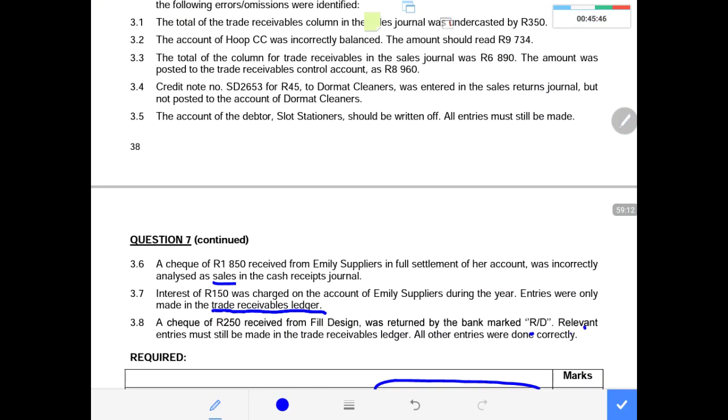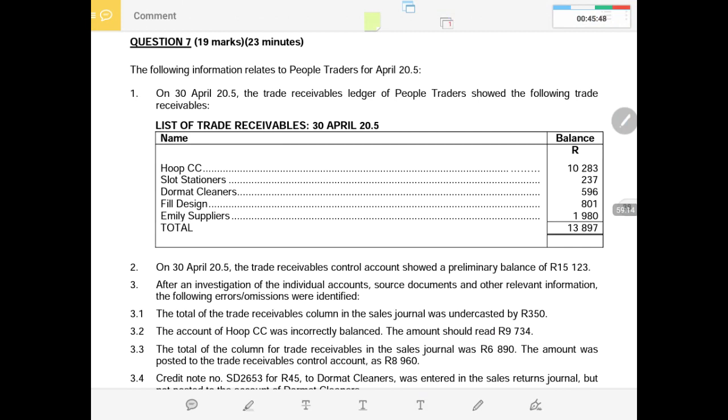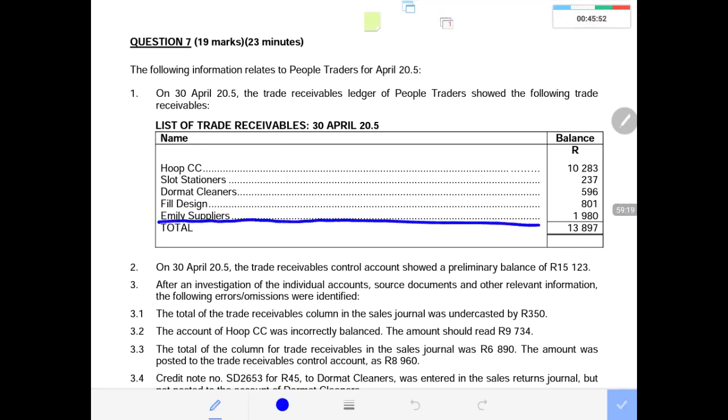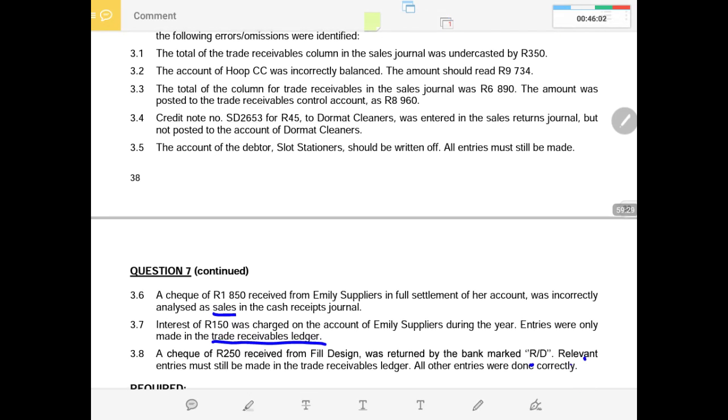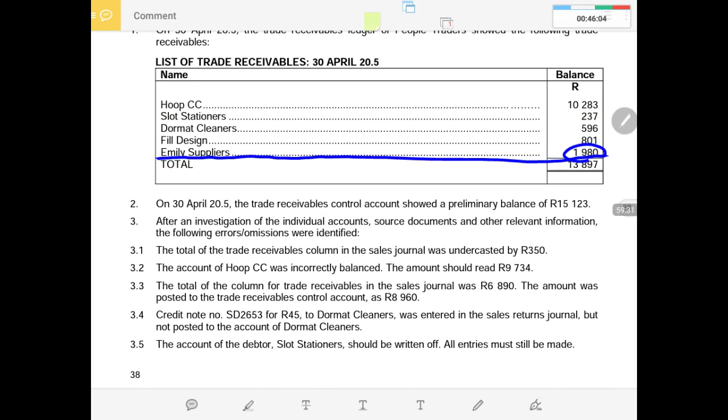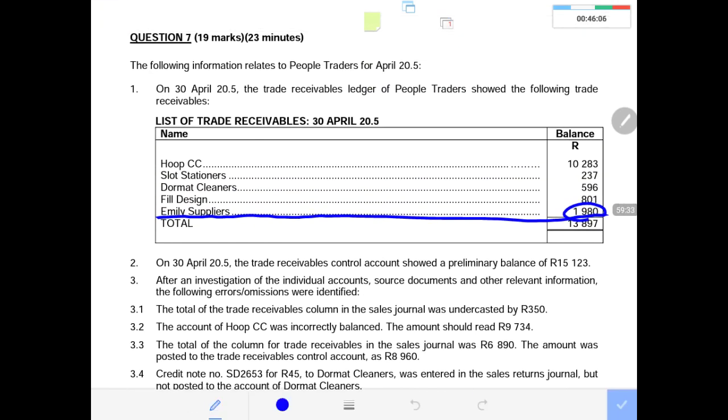Where will that be recorded? This will be recorded under our list, meaning the 150 is already included or is already accounted there under the account of Emily suppliers. Let me just verify if this is really Emily suppliers. Yes. So this would have already been accounted for in our list of debtors when it comes to Emily suppliers.